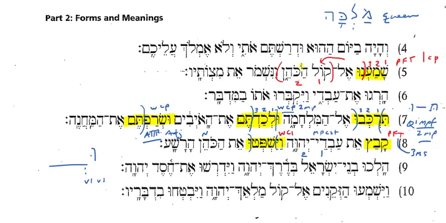Because it's in construct with a noun that has the article, right? Remember, the article guarantees the definiteness of both thing one and thing two in a construct chain. Okay? So we listen to the voice of the priest.